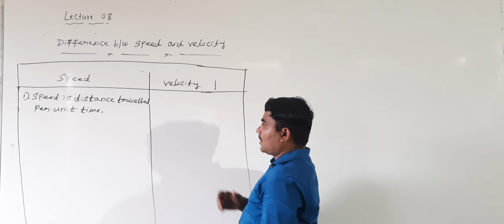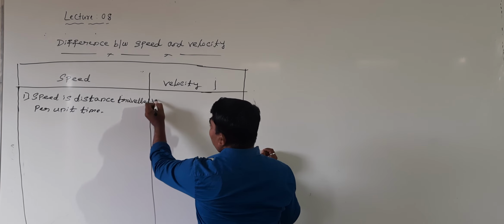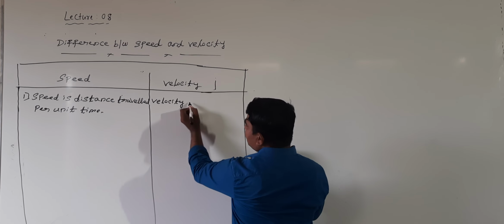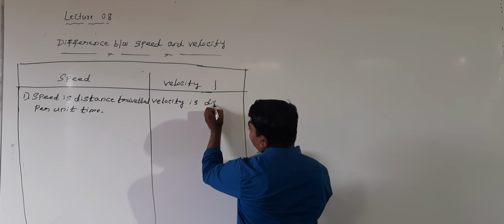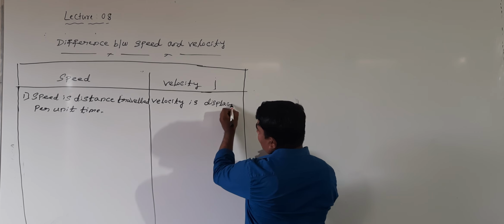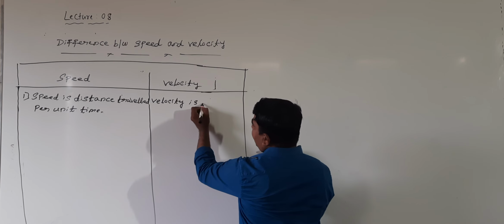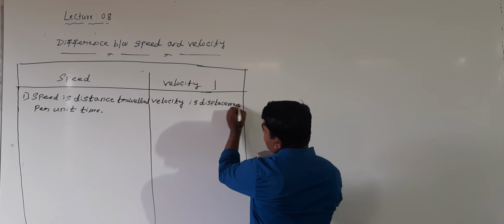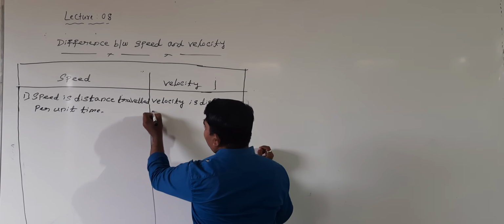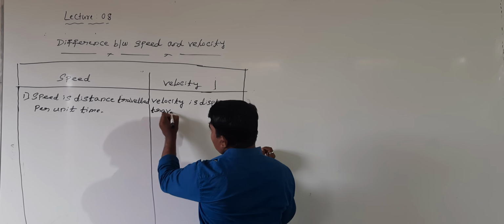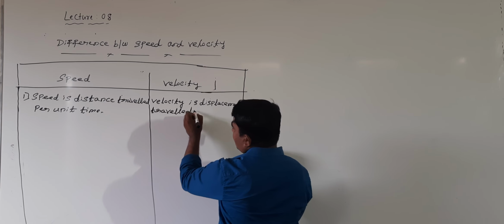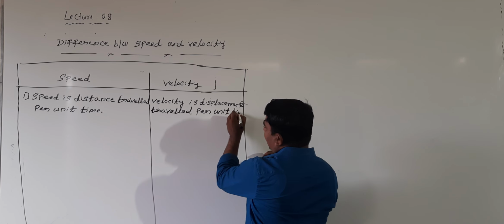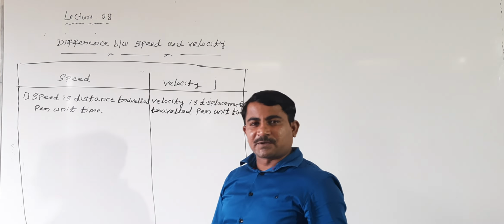How to take the velocity here? Velocity is displacement per unit time. Velocity is displacement traveled per unit time, right? That is the first difference you can make.